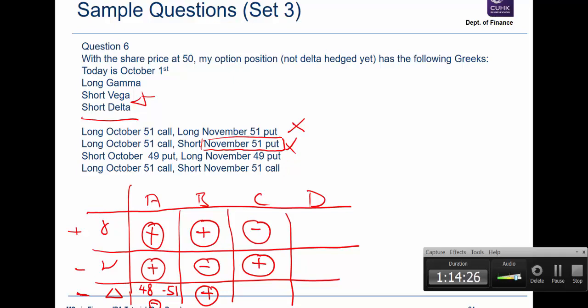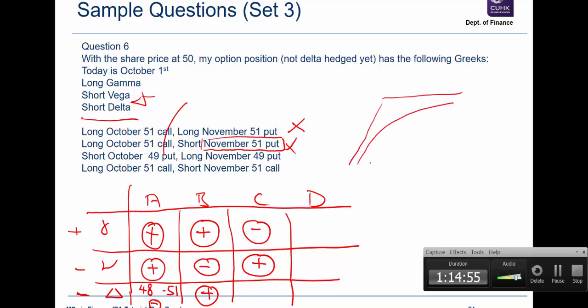So you are short a put, slightly out of the money, shorter term. So let's say the delta of this, you are short the put.